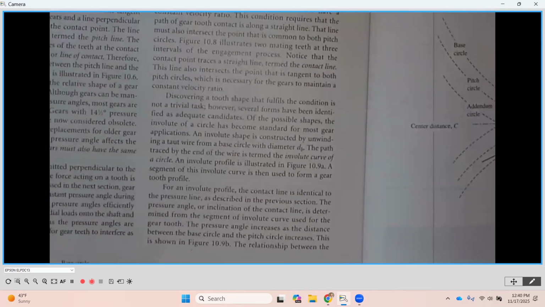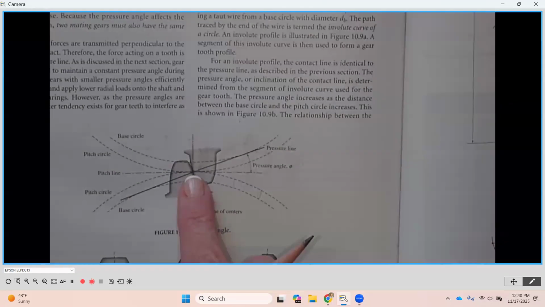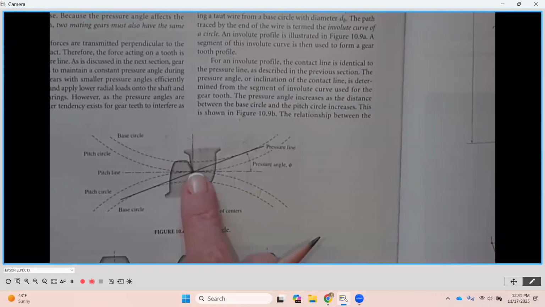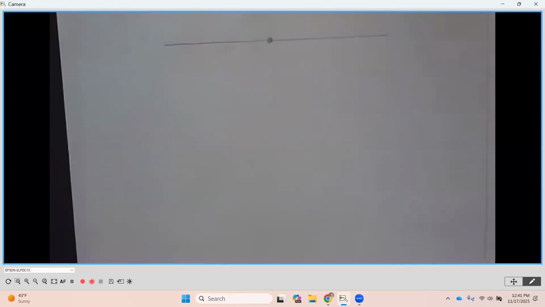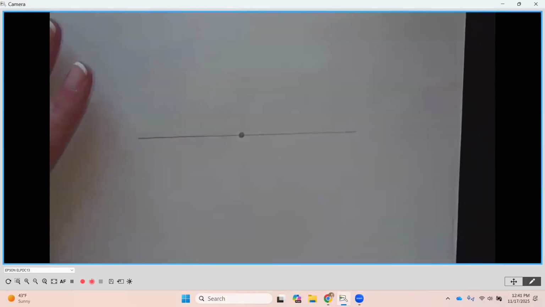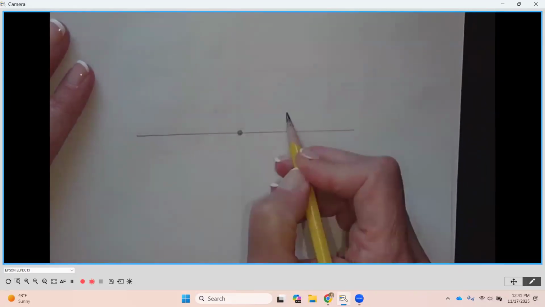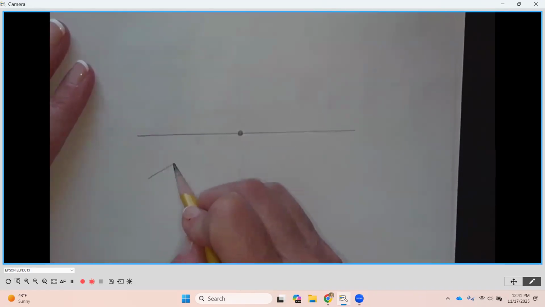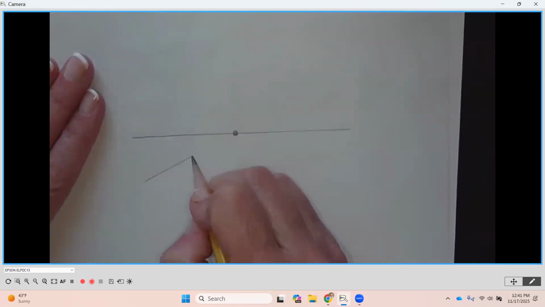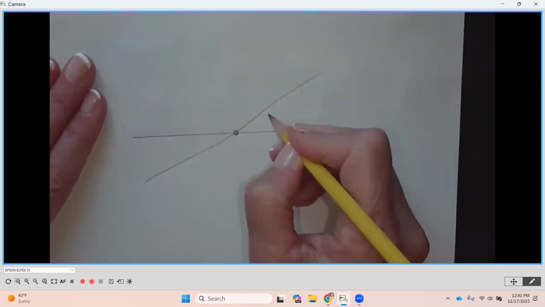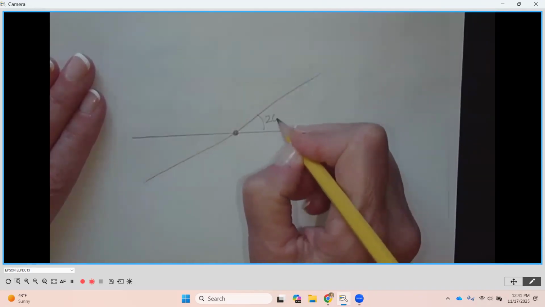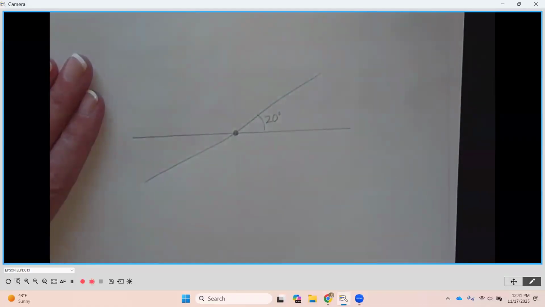I'm really mimicking that middle point where they would hit one another. This is where the force is being transmitted from one gear to another. Now, along that pressure angle, I should have a straight edge here, but I don't. Along that pressure angle, this is my 20-degree pressure angle.